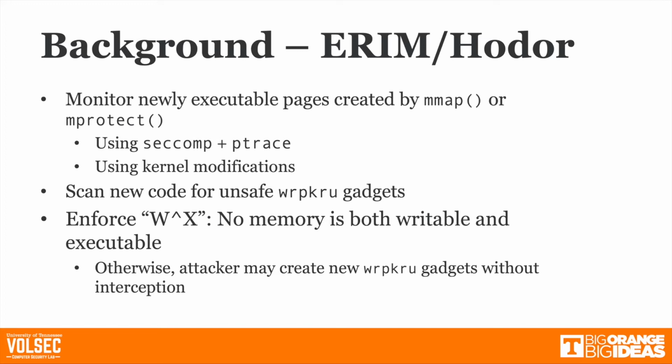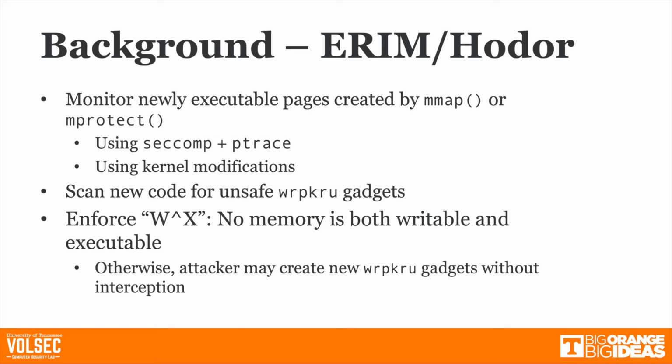Or, of course, you can do that just using kernel modifications to hook those syscalls in the kernel. Either way, though, whenever new code is loaded into the process, we're going to scan it for any unsafe write PKRU gadgets. And if it does contain those gadgets, the process can be terminated.